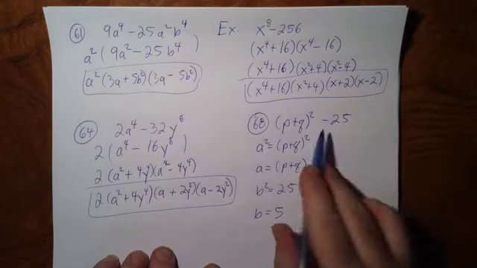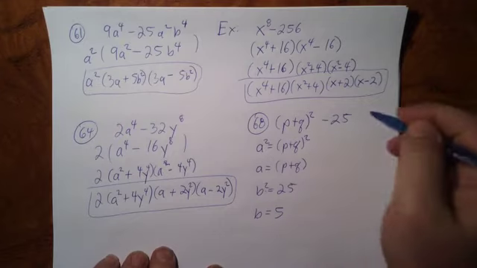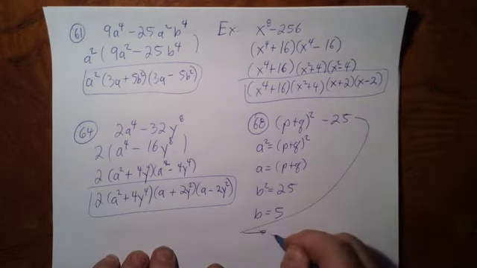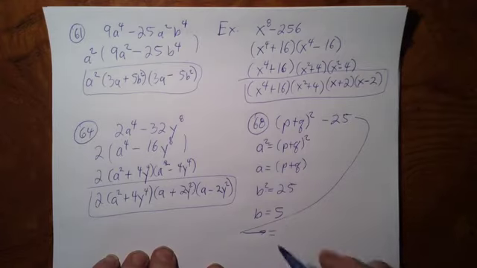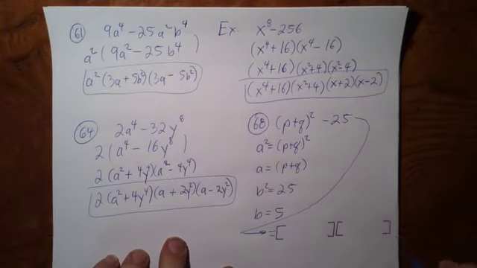So when we write the binomial factors of this, we'll write these below here. I'm bracketing this because we're going to have parentheses in our A value.